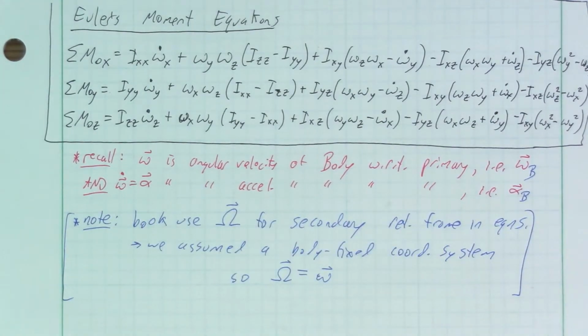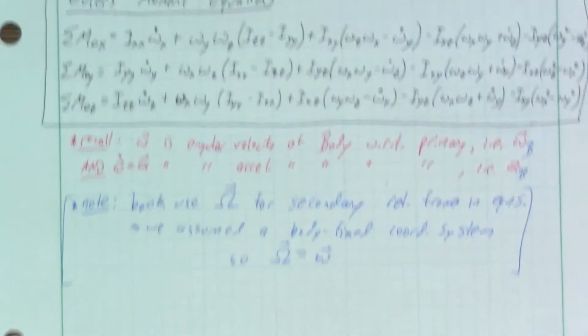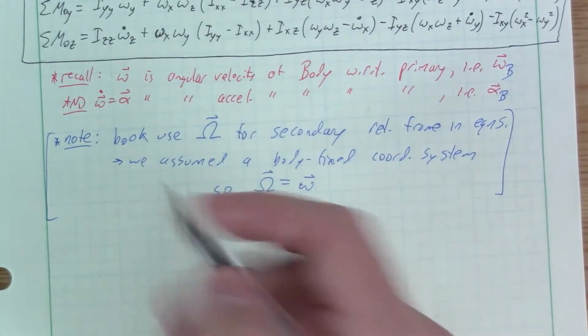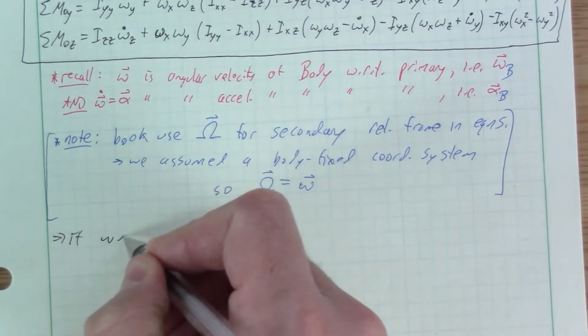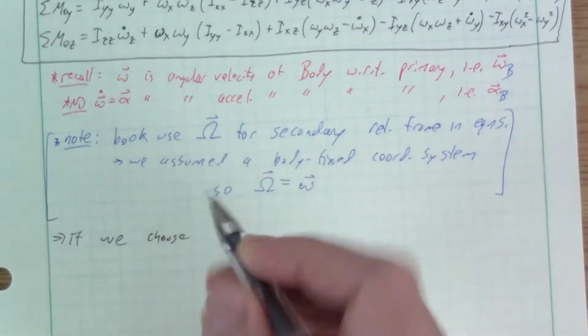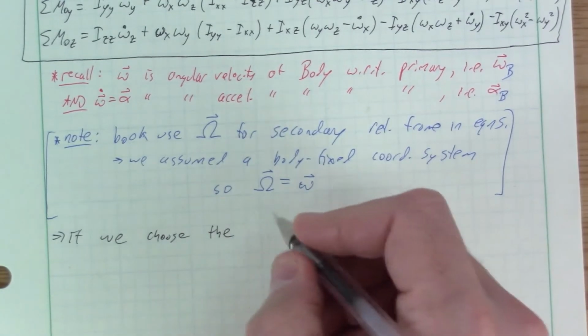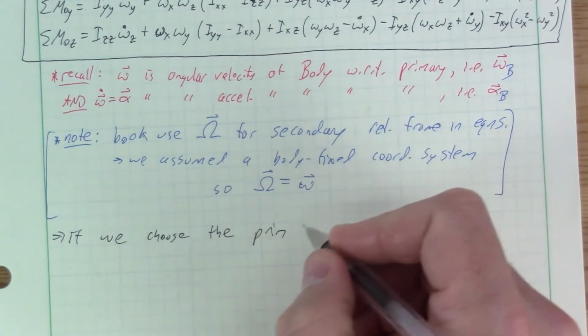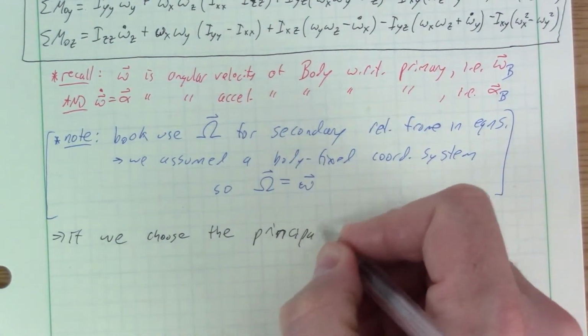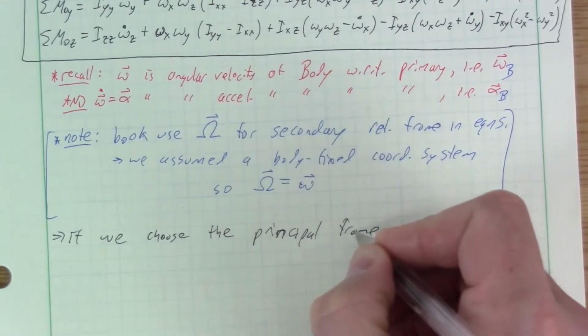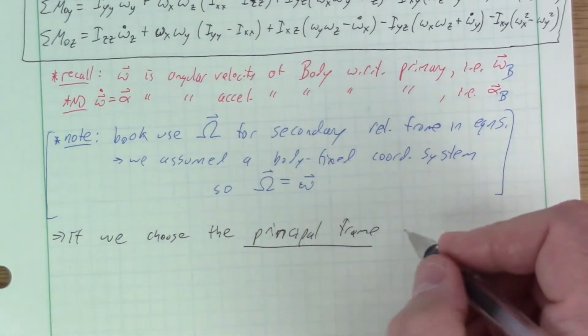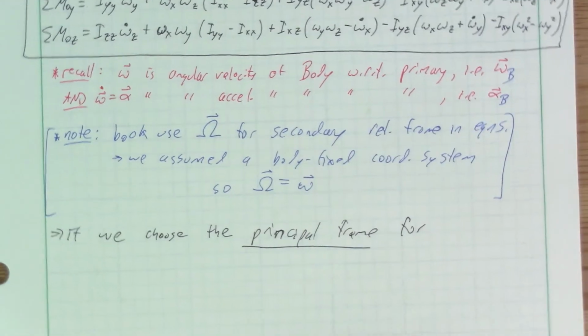All right, so here's now the key. Here's a good way to simplify our problems greatly. If we choose or find in our problem setup, in the geometry of the shapes involved and their motions, a principal frame, and it's easier than you think, we'll work through some problems. They're the obvious choices a lot of times.